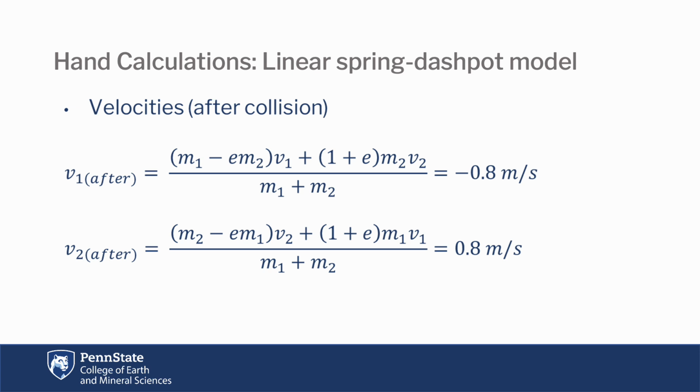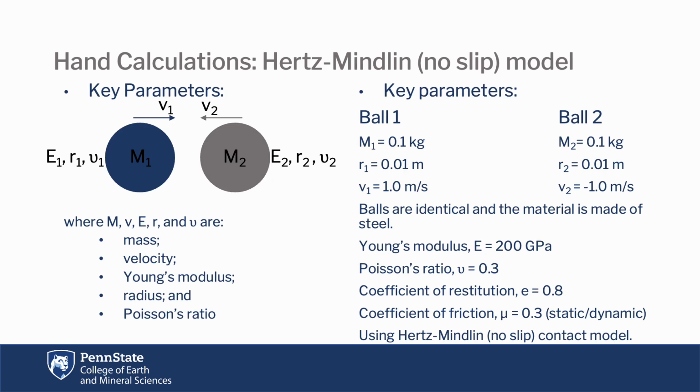Now we want to do the exact same thing, but without using the linear spring-dashpot model. We want to use the Hertz-Mindlin no-slip model. Just as before, we have two balls approaching each other from opposite directions with velocities v1 and v2 and masses m1 and m2.